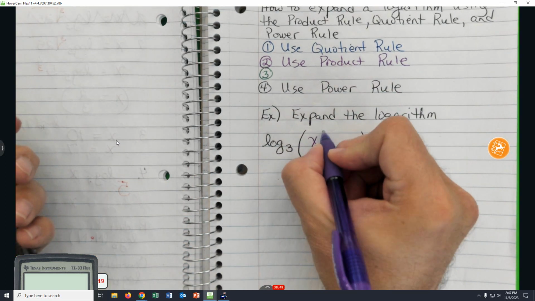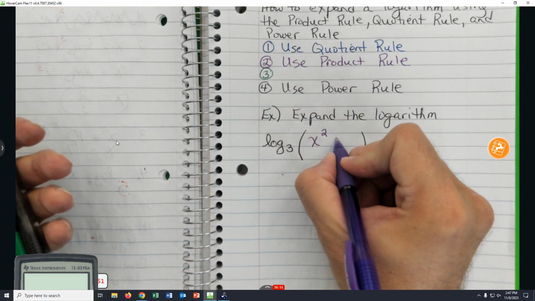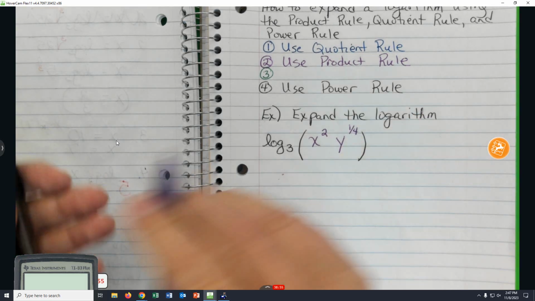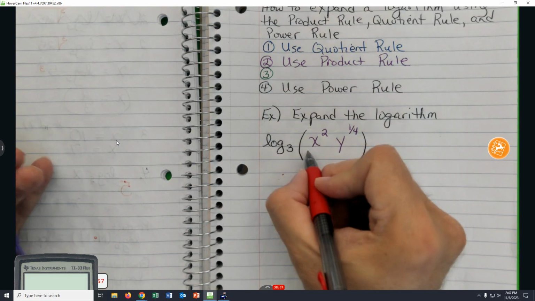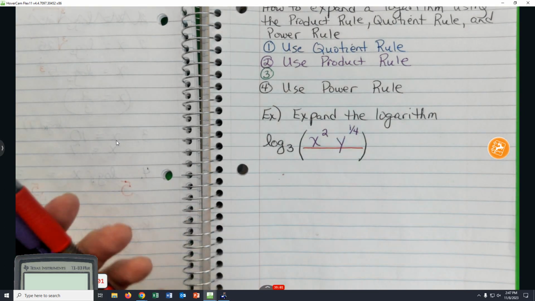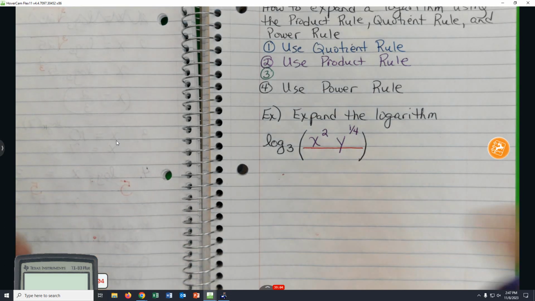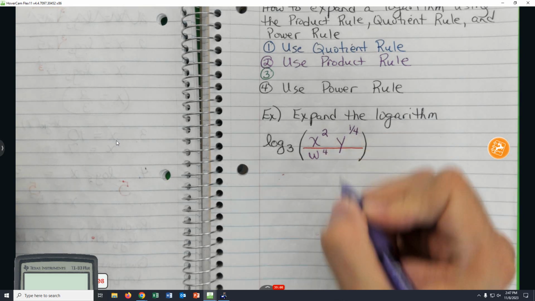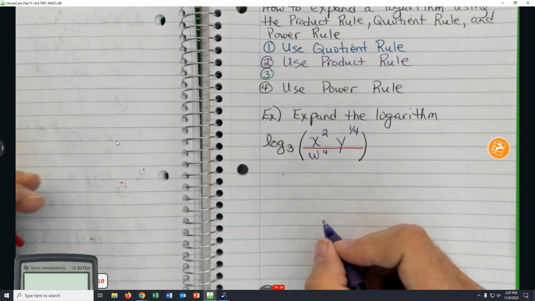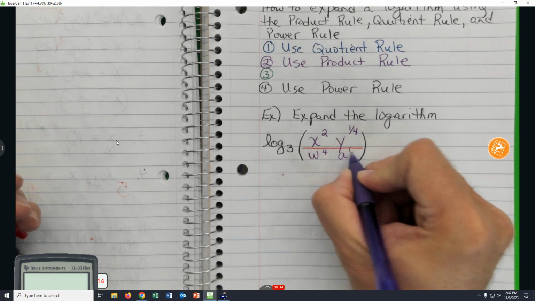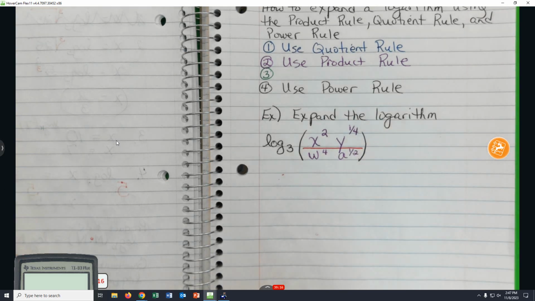X squared y to the 1/4 over w to the 4th, and I would need another variable. How about a to the 1/2? Okay.